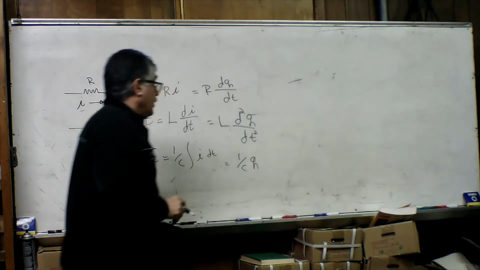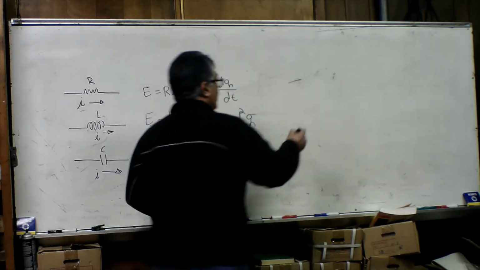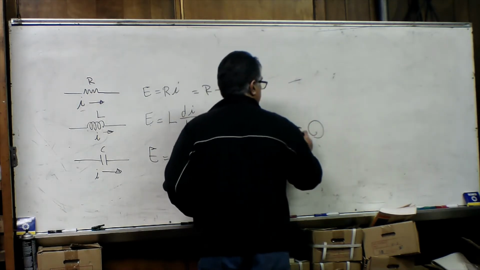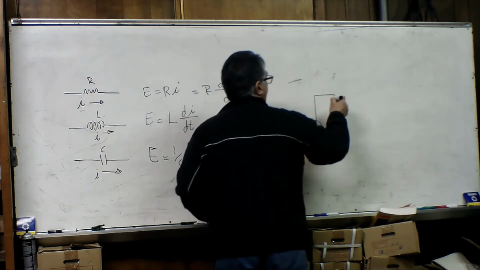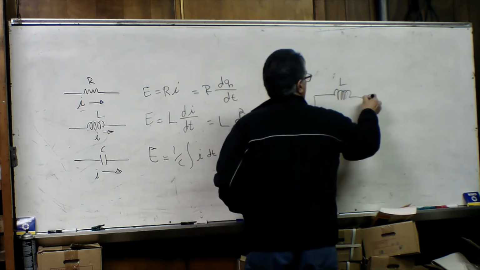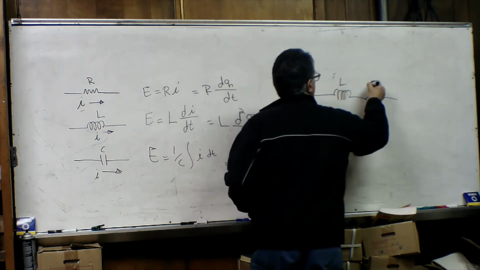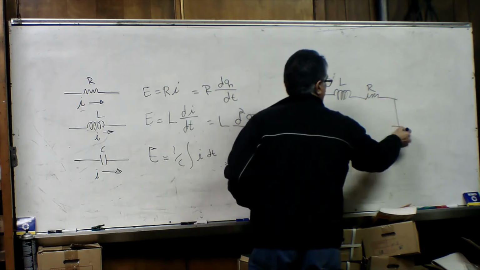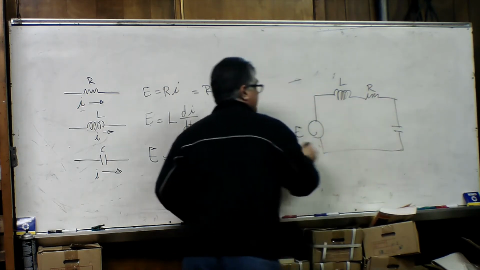Now, let's say we have a circuit with a voltage E on it, and we have an inductance, a resistor, and a capacitor in that circuit.